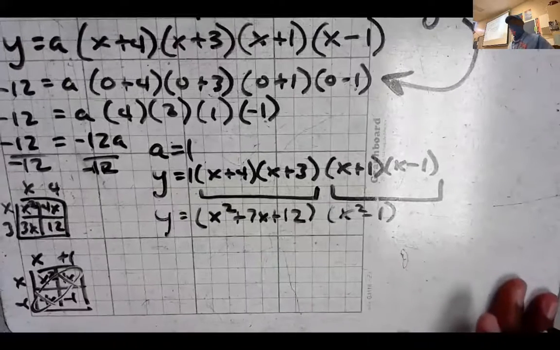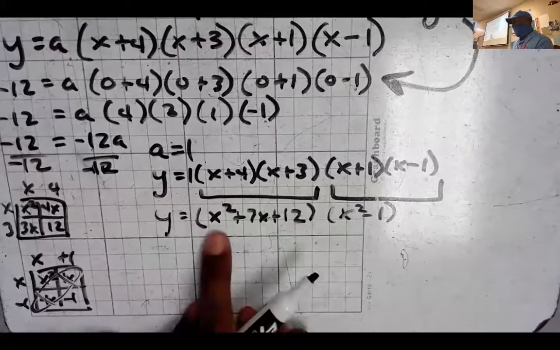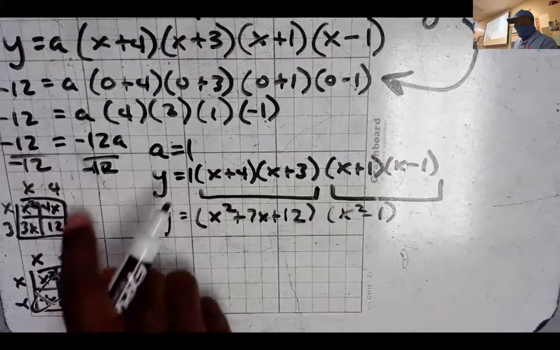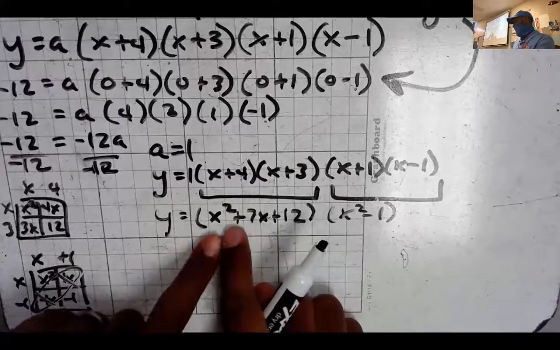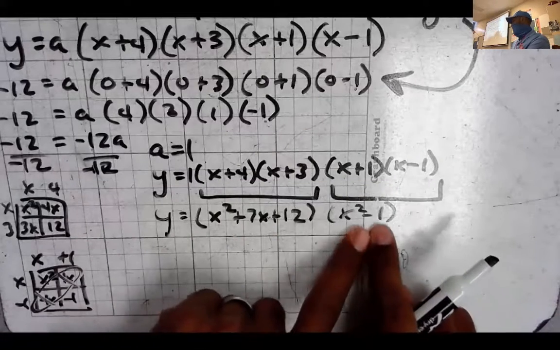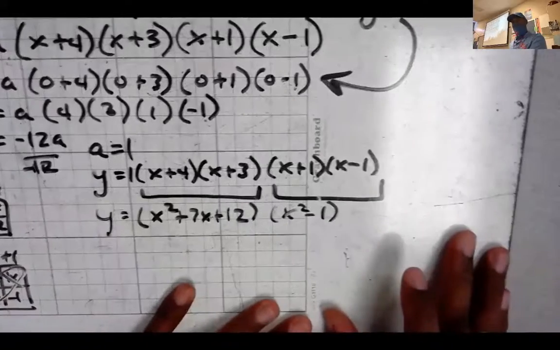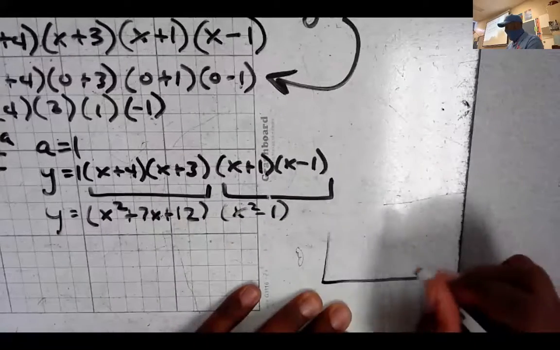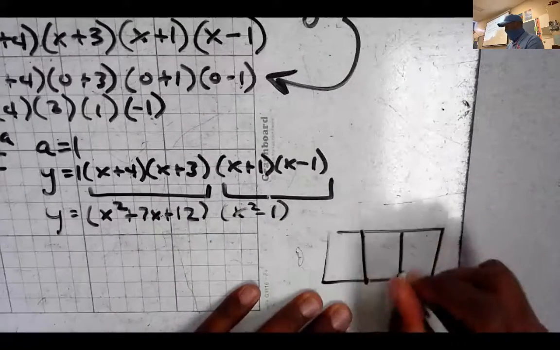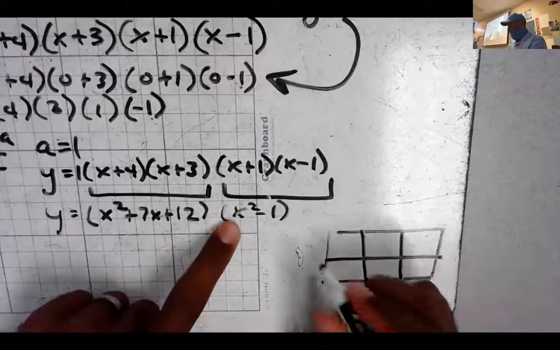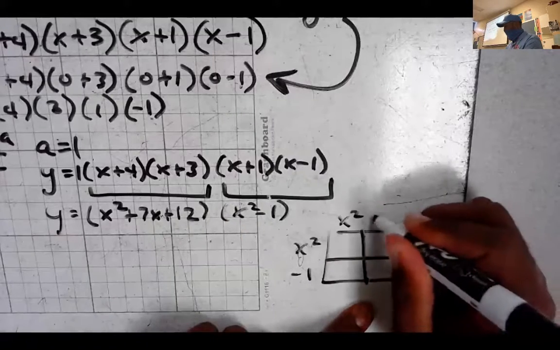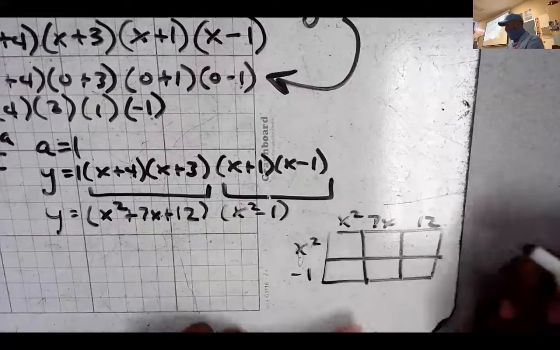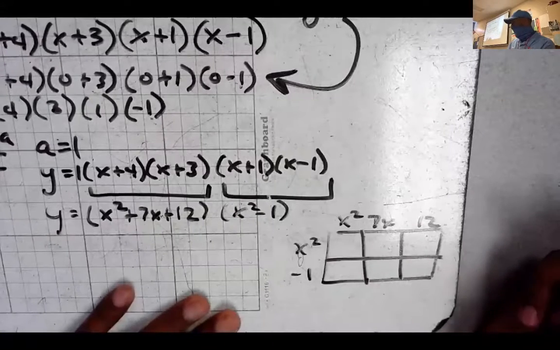Now in order to multiply these, I can't do a 2 by 2 box. I've basically got to set my box up so that it's 3 by 2. So on this side, I'm going to set up my box where I've got x squared and minus 1 here, and the x squared, the 7x and the 12 on the top. This will be my last step of multiplying.